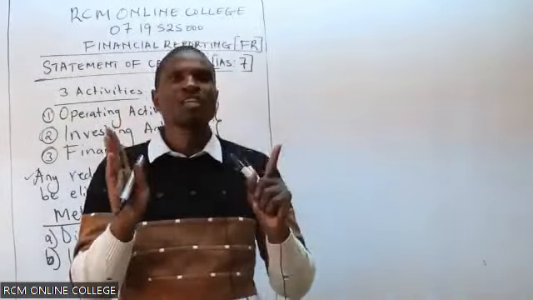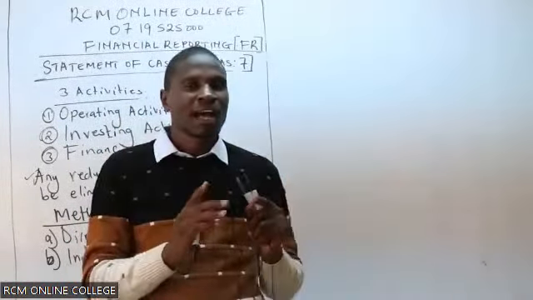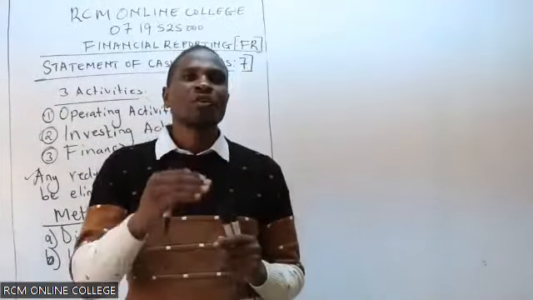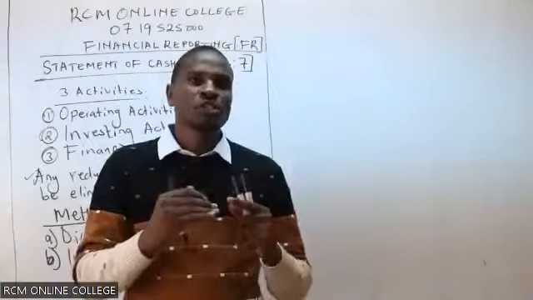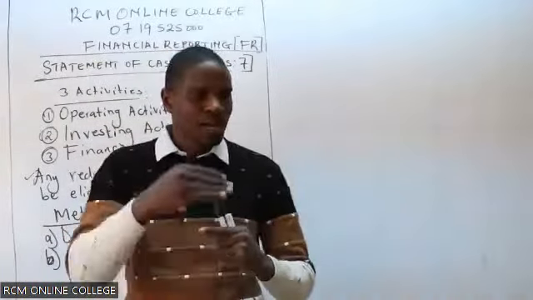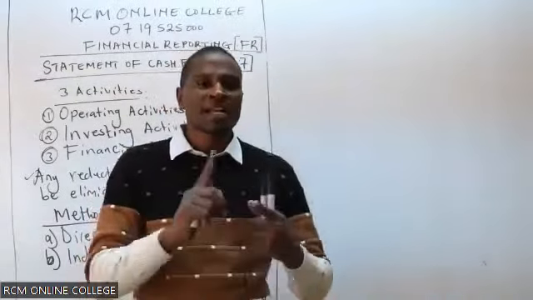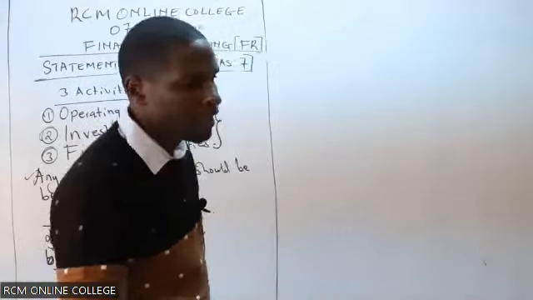It can be a profit or a loss. And then you adjust it. For the indirect method, we do it backward. We start with profit before tax and move on, so that at the end of the day, we see the balance of cash that will be carried down.